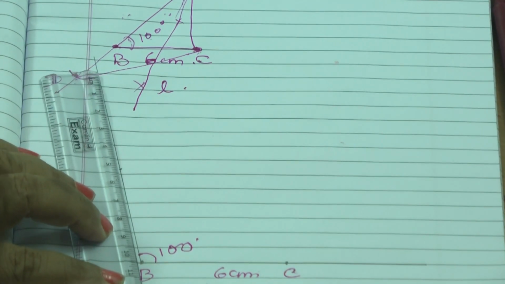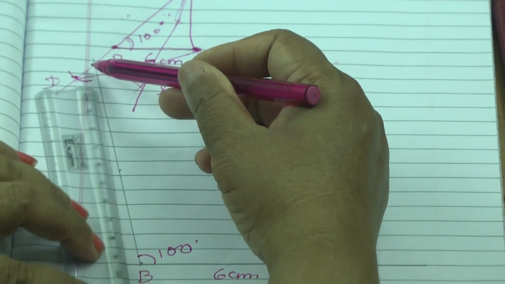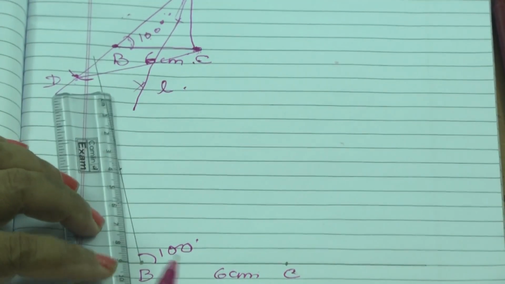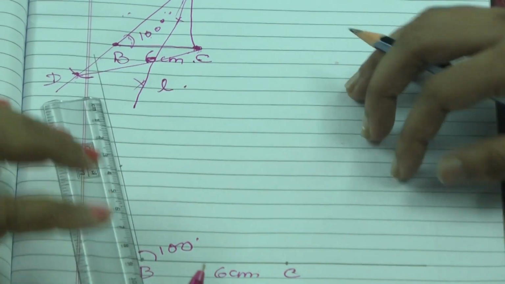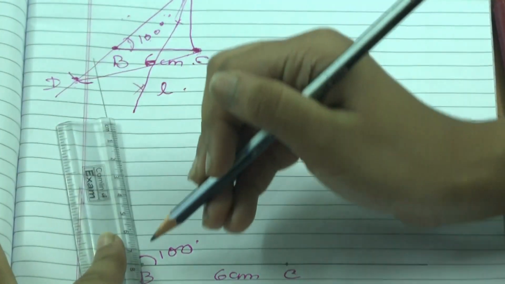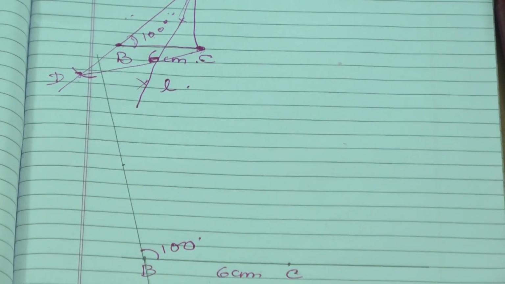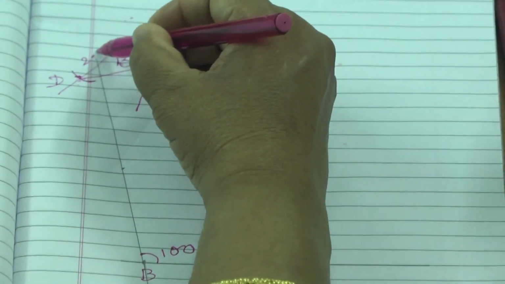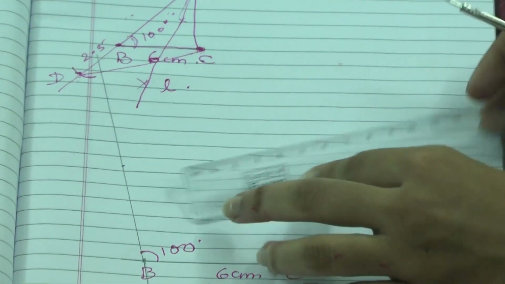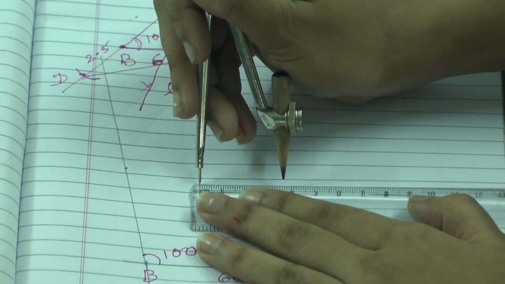Now keep the scale, children, here again. We want this point D, we can see in the rough figure. So we have to extend this line. Keep the scale properly and extend the line below. Give an arc of 2.5 centimeter. This is 2.5 centimeter. Take 2.5 centimeter.